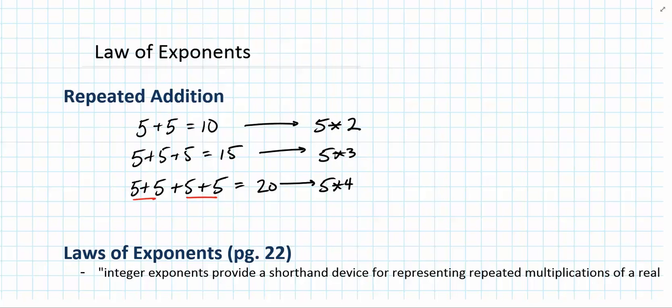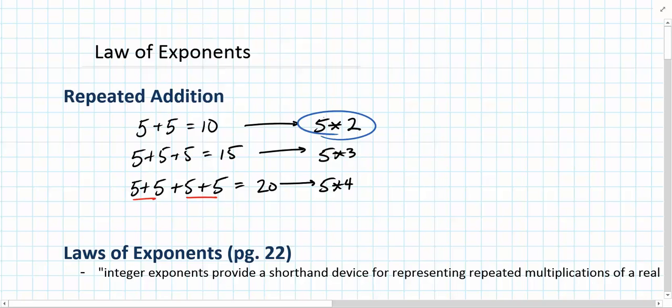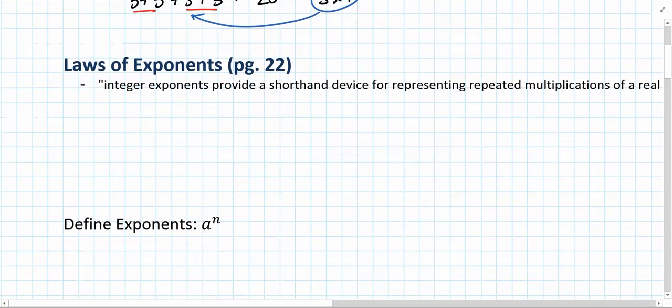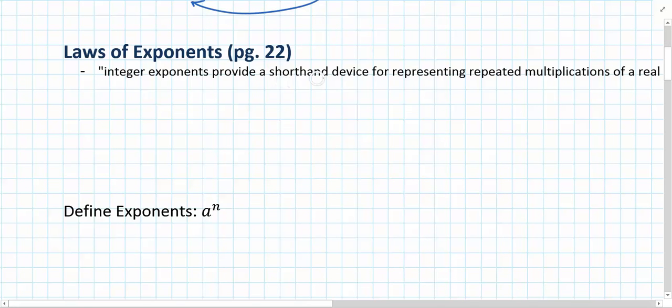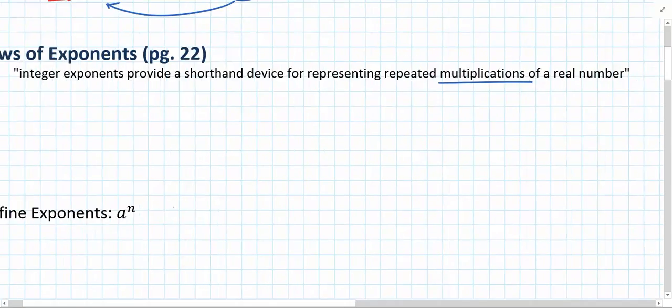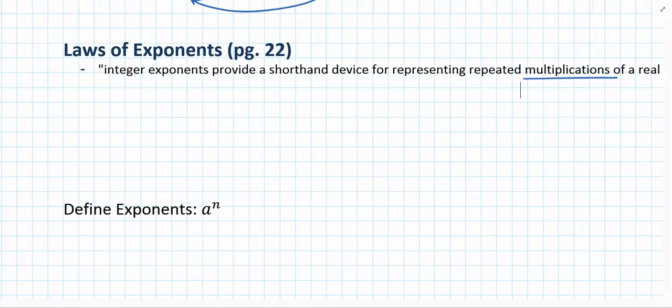Now, just like multiplication is a shorthand form of addition, repeated addition that is, exponents, integer exponents for that matter, provide a shorthand device for representing repeated multiplications of real numbers.